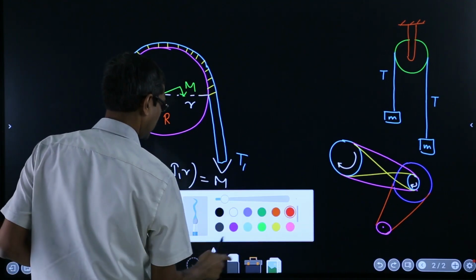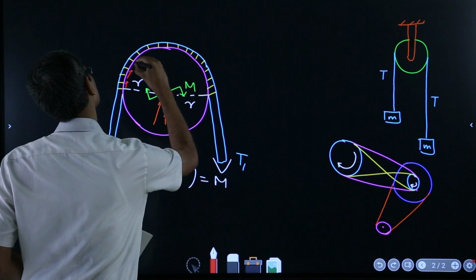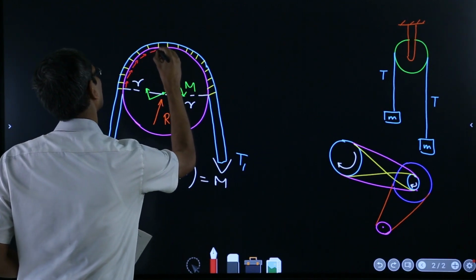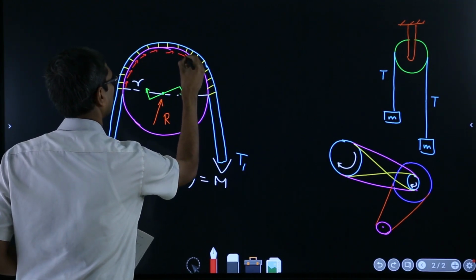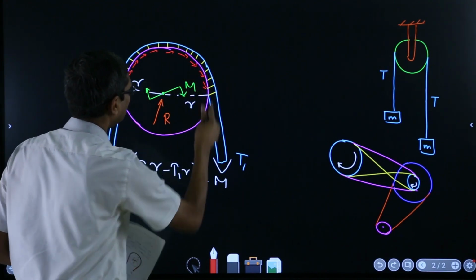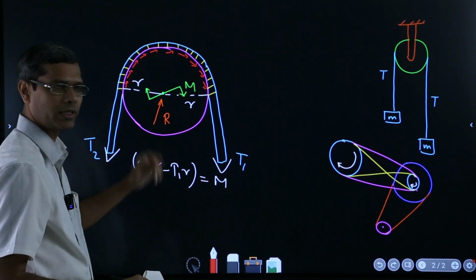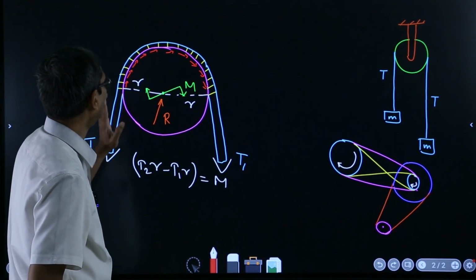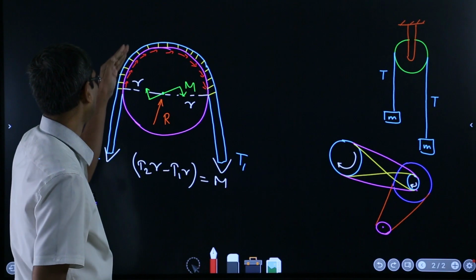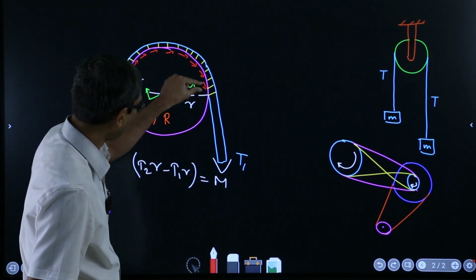So let me draw the frictional forces. At this location the frictional forces are like that. These are the frictional forces if the belt or the rope is about to move in this way, and then these friction forces will keep on getting added up, isn't it?